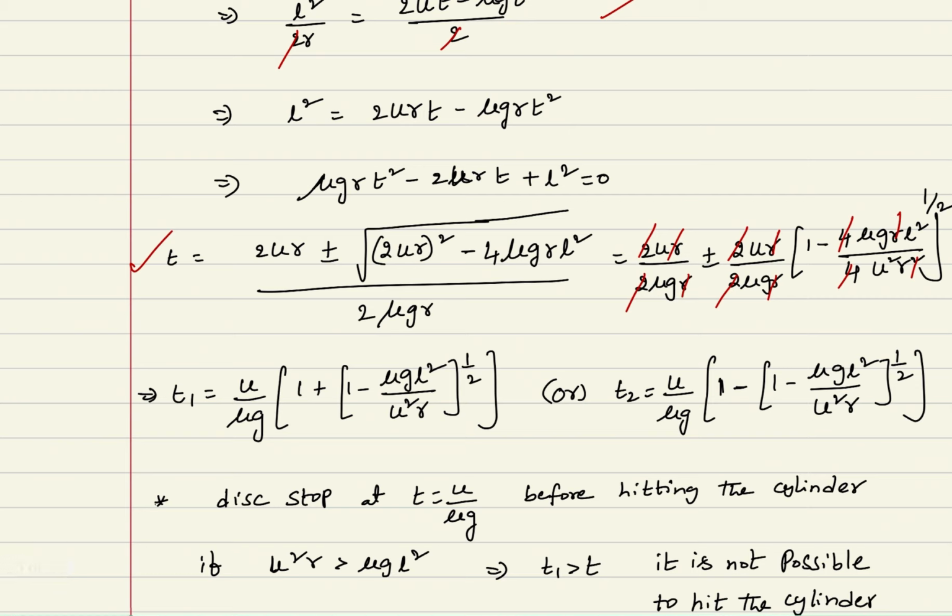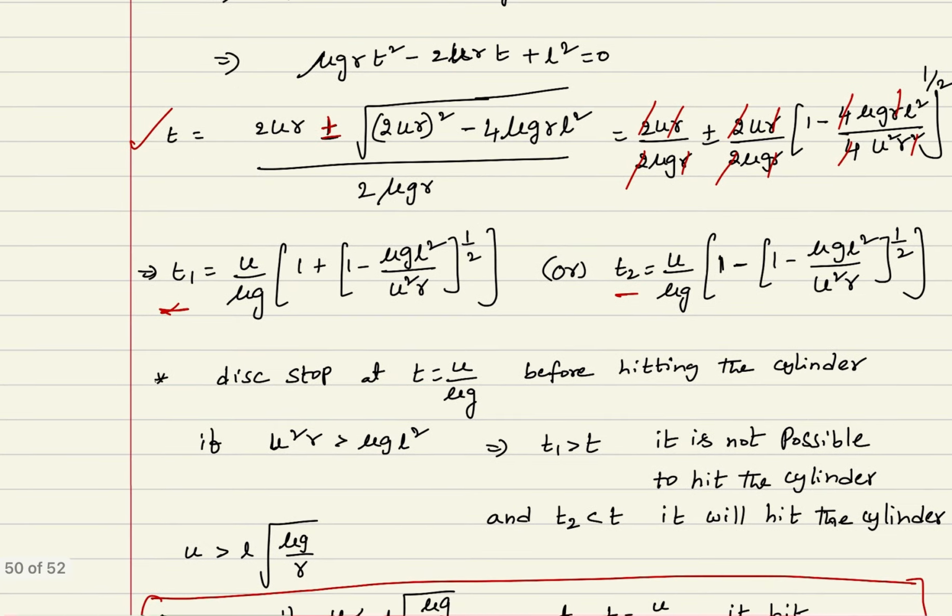By solving this quadratic equation, I got two relations. One is t1, the positive value, whenever plus or minus is there, and the other I have given as t2. You can see that when the disk stops before hitting the cylinder, it stops at time t = u/μg.